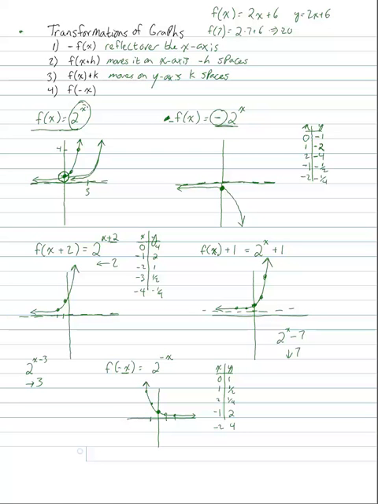So let's see, how did this one do? Well, when we had the negative outside the function, it reflected it over the x-axis. And it was kind of obvious, it kind of just popped upside down. Negative inside the x, it reflects it over the y-axis. This part that is to the left going toward the asymptote flipped over and went to the right toward the asymptote.